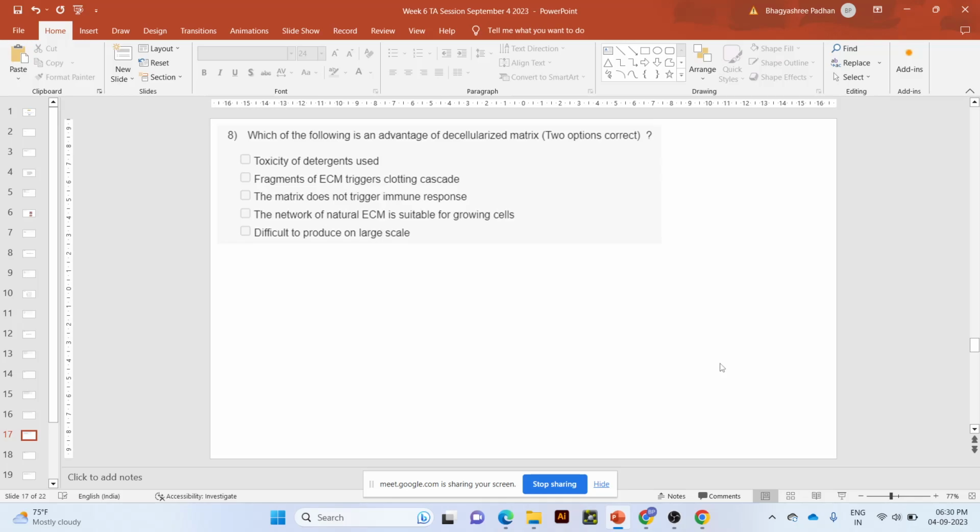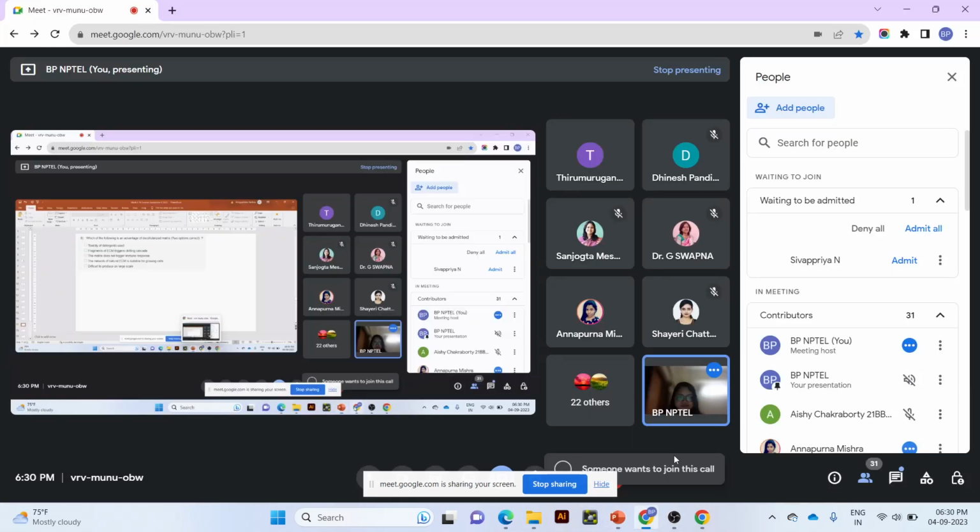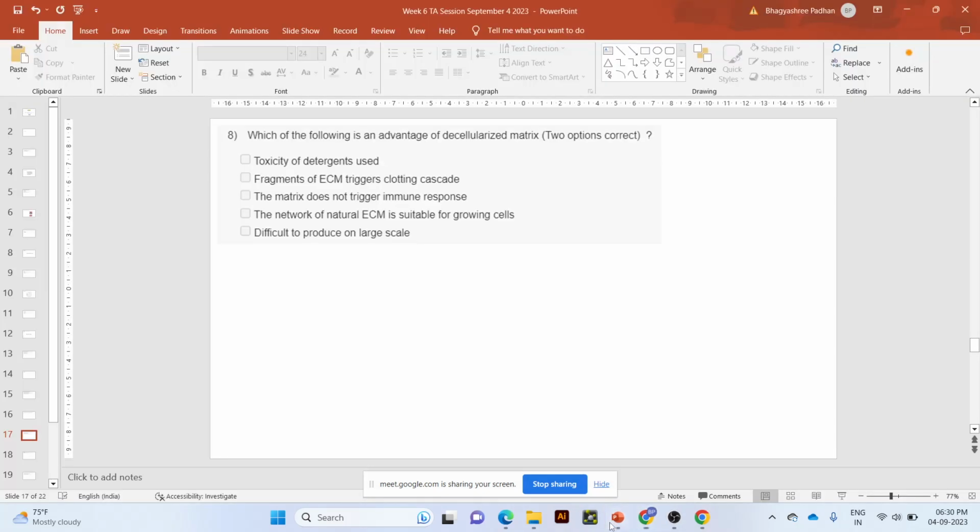It is difficult to produce on large scale, which is not an advantage. Which is an advantage of decellularized matrix? Ma'am, third and fourth option. Does not trigger immune response and is suitable for growing cells. Okay. Third and fourth. Okay.